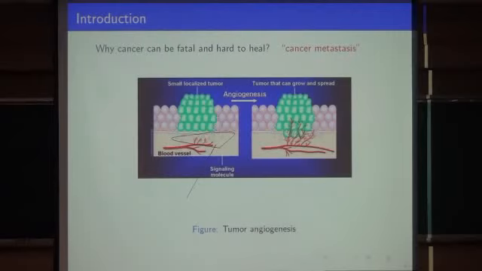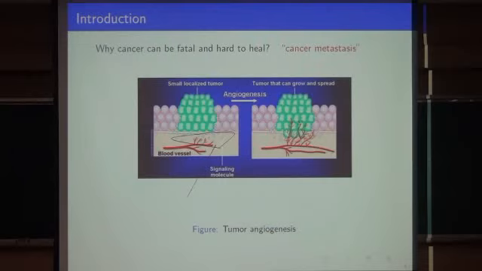So take the example of cancer metastasis. Why is cancer so hard to heal? The reason is that when there is a cancer cell in your system, the normal cell is attracted to the cancer cell, so the cancer cell will grow, and this kind of growth will get into your blood system.